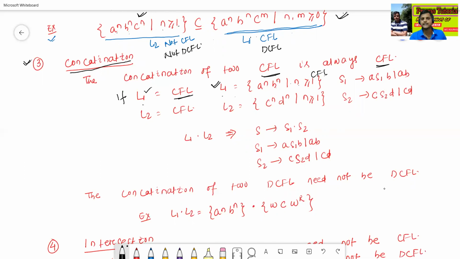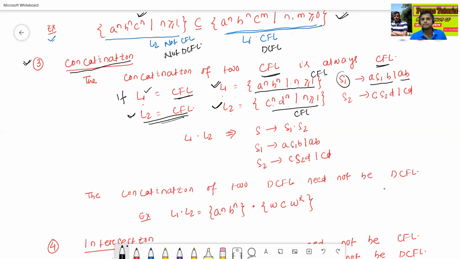Since L1 is CFL, we can construct the context-free grammar S1 equal to a S1 b or ab. Now, if L2 is CFL, we can take one example, L2 equal to c to the power n, d to the power n, n greater than or equal to 1, which is also CFL.